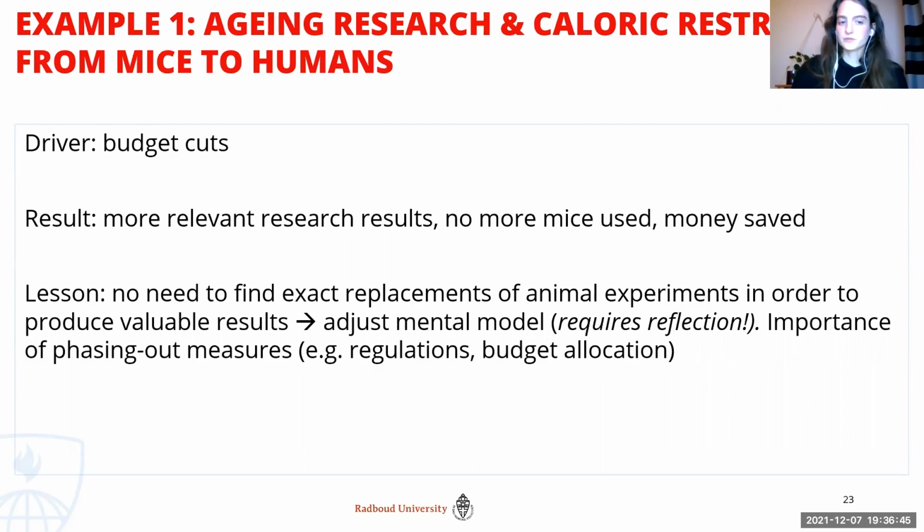So what we can learn from this, I think, is that in order to produce valuable research results on a certain issue, you don't have to find exact replacements of the animal experiments that you would otherwise do or that people have been doing. So if you think of the idea of replacement or alternative, if you still want to use it, then you can also broaden it to just think what is the actual issue.